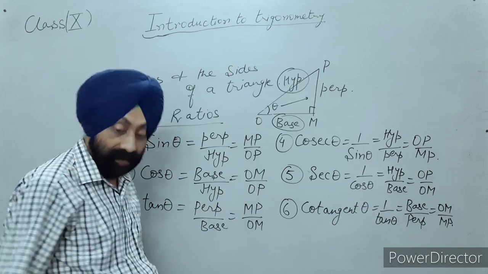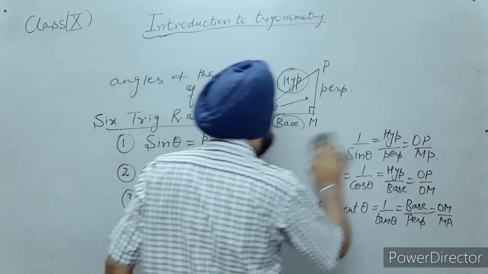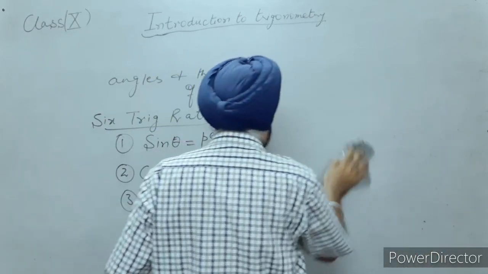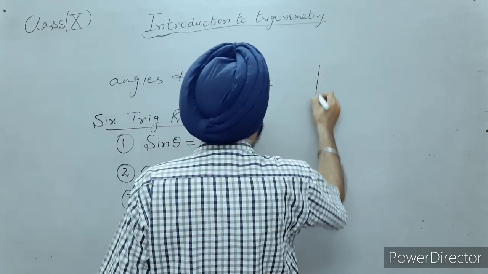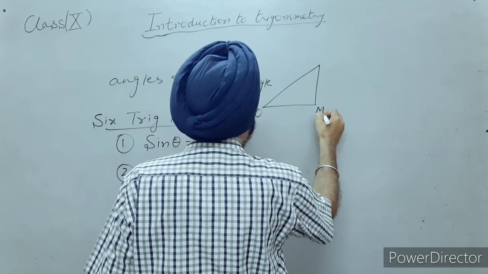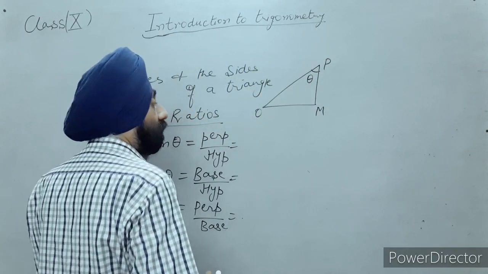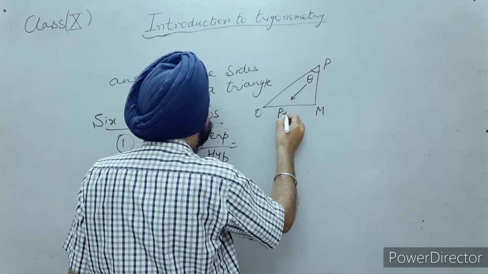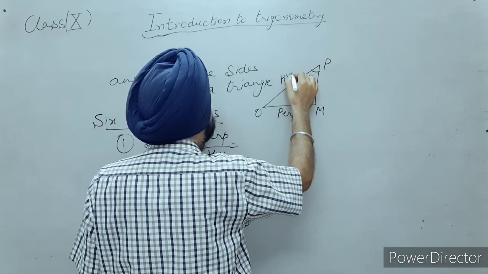Now suppose let the triangle be like this. Same triangle I will draw, O, M, P, but theta is this now. Now what will happen? Opposite to theta, it's always perpendicular. Opposite to right angle, it's always the hypotenuse.